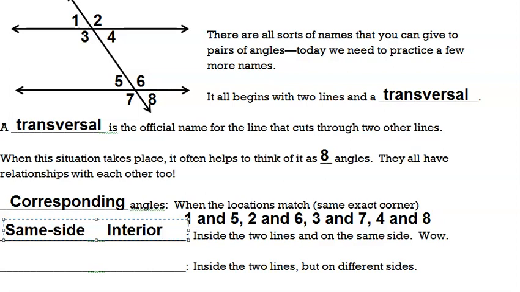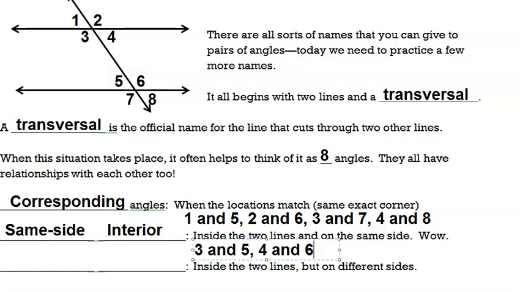The same side interior angles would be the ones that are inside the 2 lines and on the same side. So in this particular picture, when I think same side and interior, you have to be in the interior of the picture and you have to be on the same side. So that would be like 3 and 5. Or the other option would be 4 and 6. Okay, so 3 and 5, 4 and 6, those would all work.